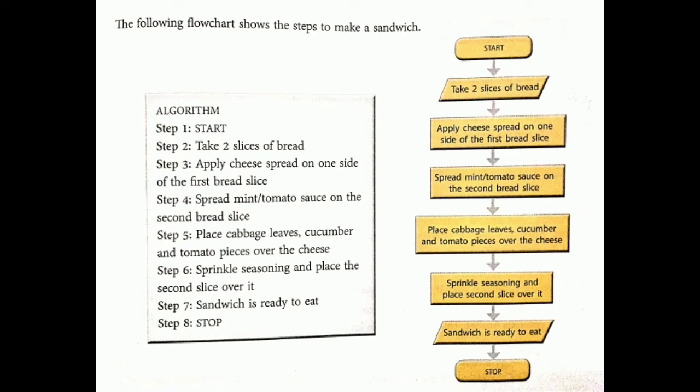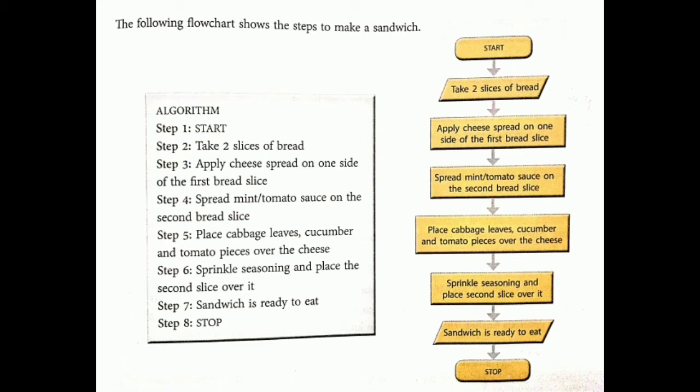Step 5, place cabbage leaves, cucumber and tomato pieces over the cheese. Step 6, sprinkle seasoning and place the second slice over it. Step 7, sandwich is ready to eat. And step 8 is stop. Now let us see how we can draw a flowchart using this algorithm.